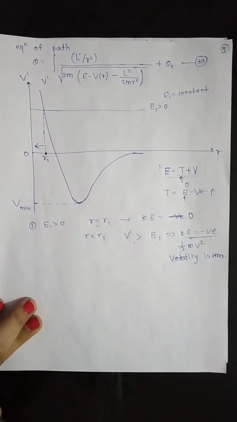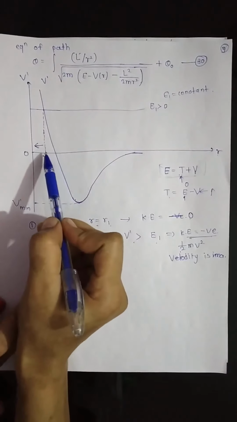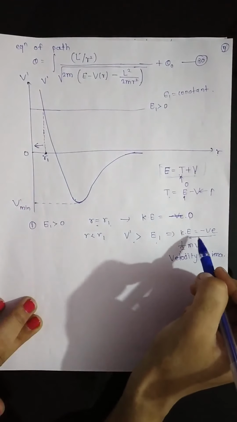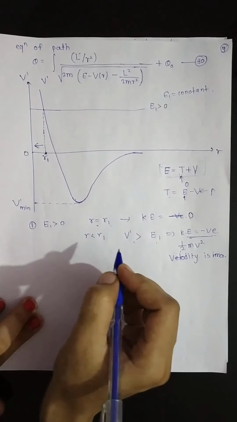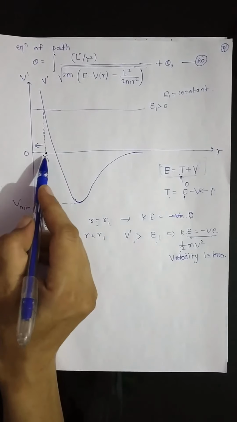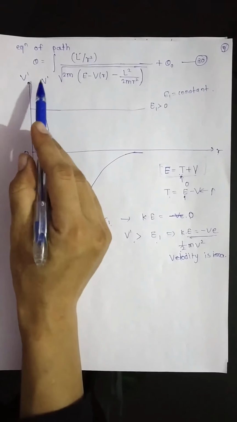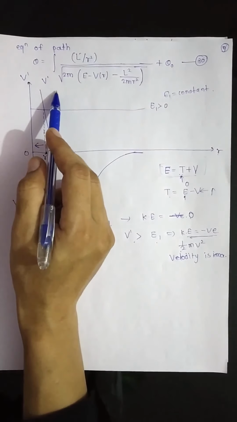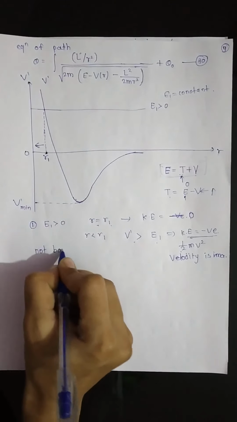So the value of velocity is imaginary. Now clearly the particle can never come closer than r1 since kinetic energy is negative, and this is the lower bound. On the other hand, there is no upper limit to the possible value of r because the potential is increasing, so this orbit is not a bounded orbit.